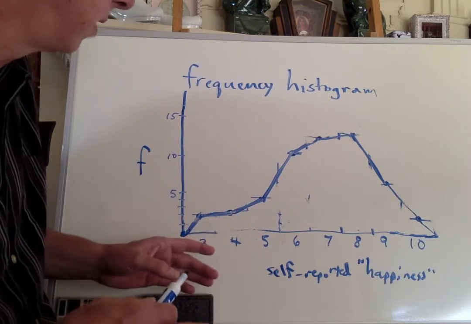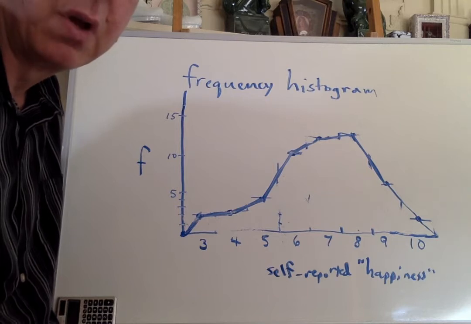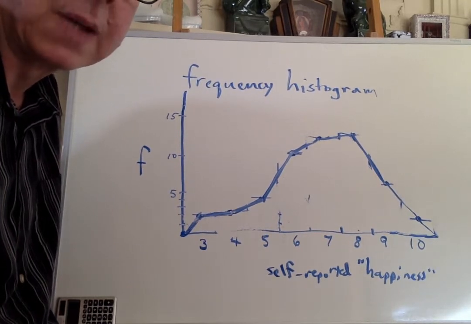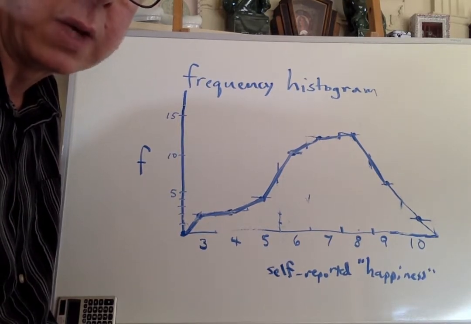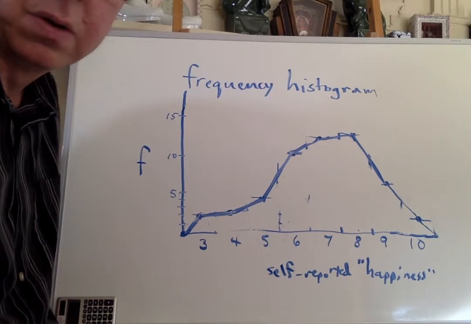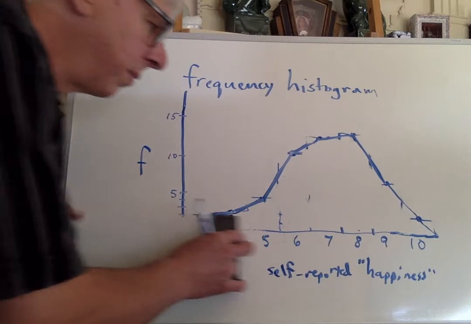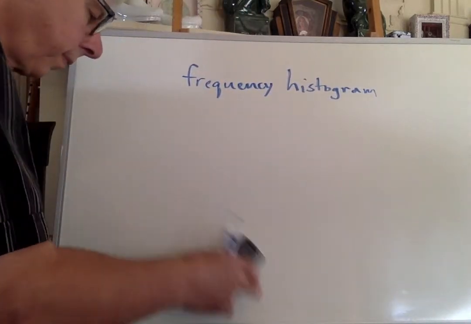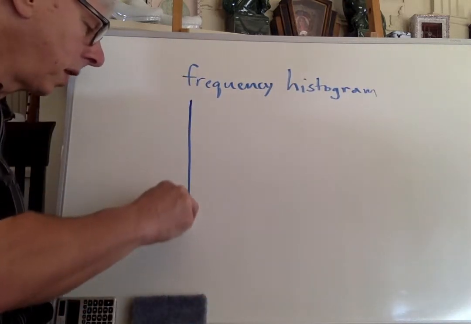So let's do a frequency histogram for our fictional exam scores, right? The other data set that we made a table of. Erase this all, and I'm going to set it up in the same way generally.